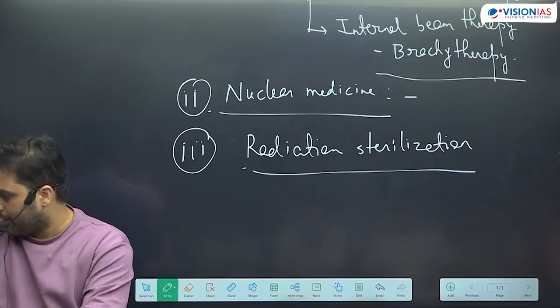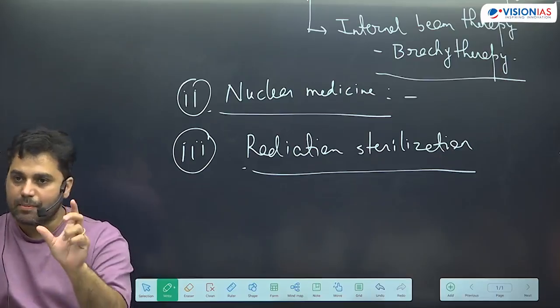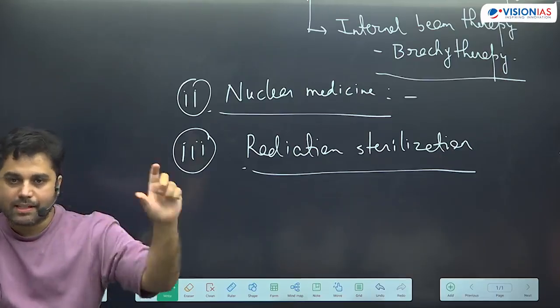In fact, you'll find that on a lot of bandages you buy from the market, there is a chance that वहाँ पे लिखा होगा कि this has been sterilized by radiation.